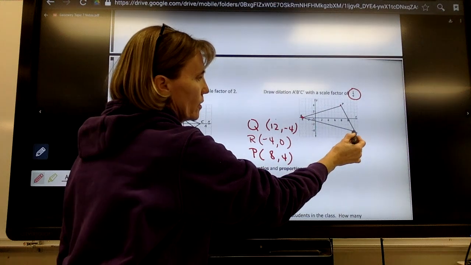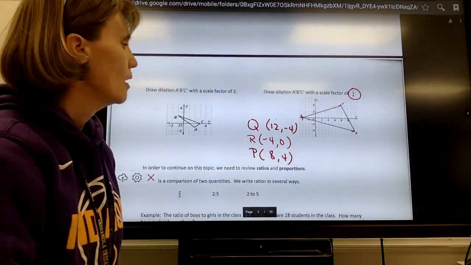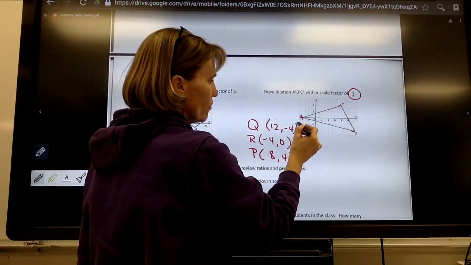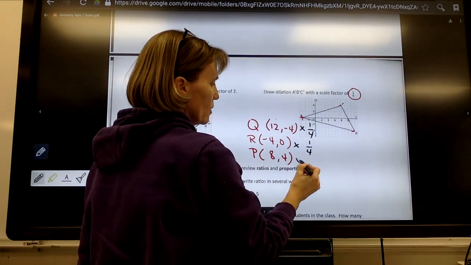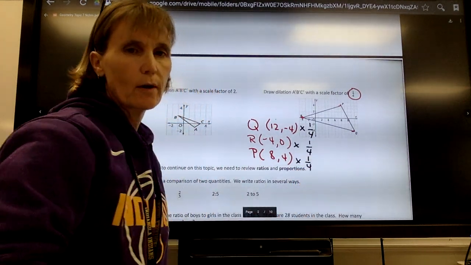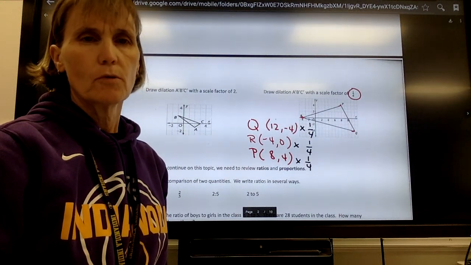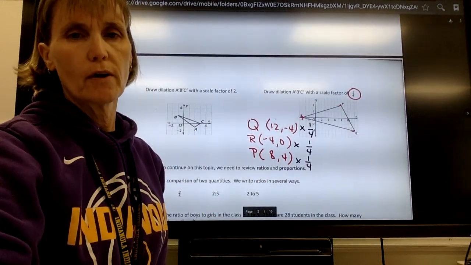So first we locate the corners of the figure that I'm trying to dilate. Now I'm going to take all of those coordinates times my scale factor, times 1/4. What happens to a number when you're multiplying it by 1/4? On your calculator, you can do 0.25, or you can divide by 4.